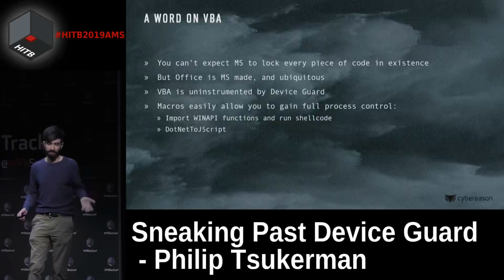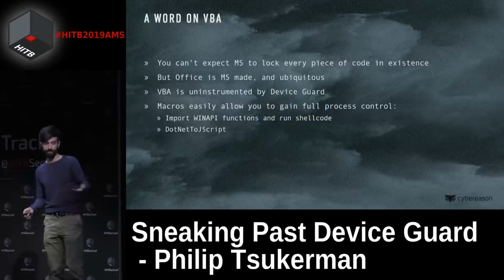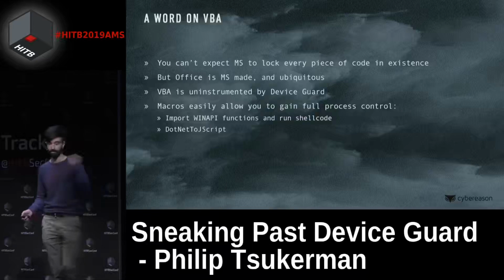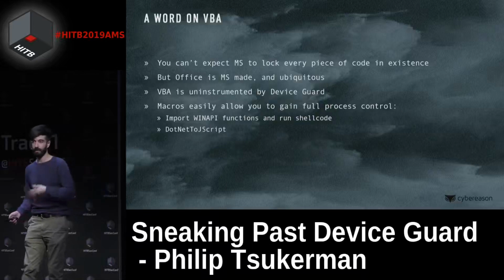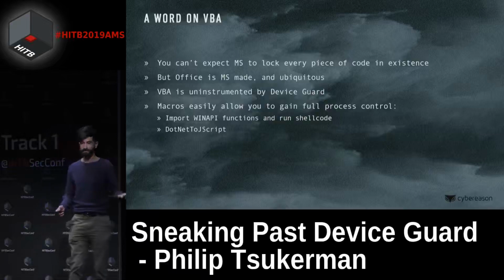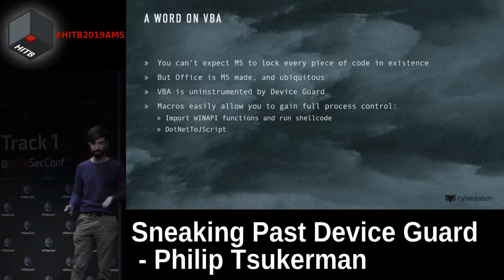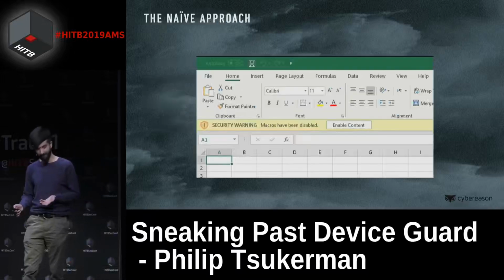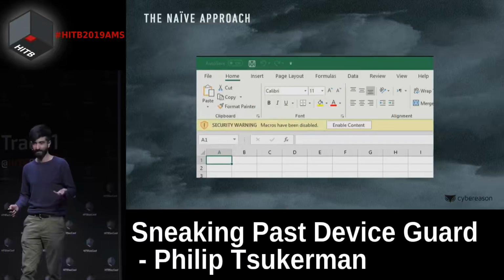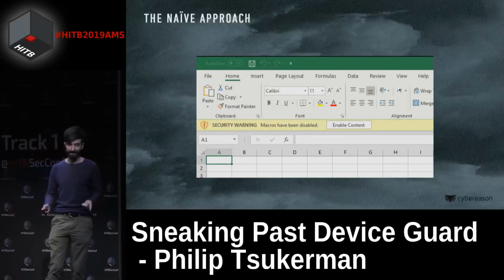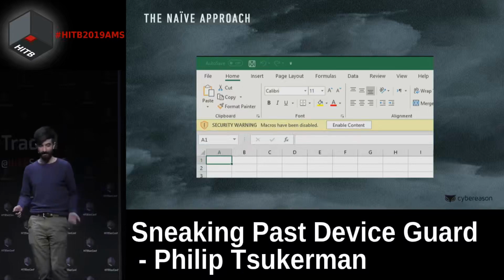And it's really easy to gain full process control using macros. You could just import raw WinAPI functions and run your shellcode or whatever, or you could use .NET to JScript, using a couple of .NET COM objects to also load a .NET assembly, which will again lead to full process control. Now, the naive way to do this is, using the GUI, opening a document, hitting that enable content button, and that's it.